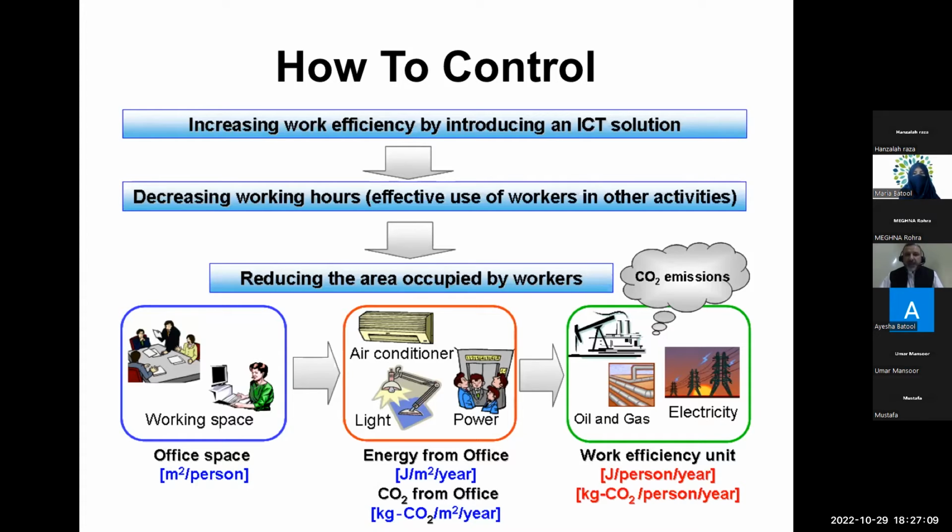Similarly, reducing the area occupied by workers will definitely reduce the carbon dioxide emission in that particular area. There is an example related to the working space, the office space, and how much a person can produce, or how much a person can contribute to global warming.